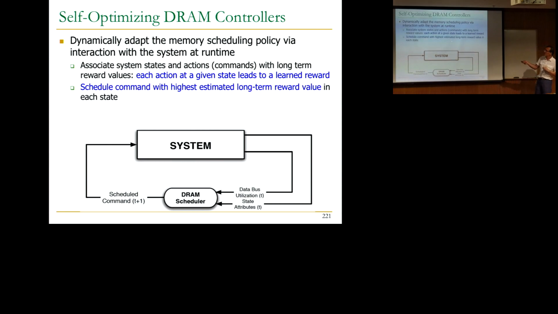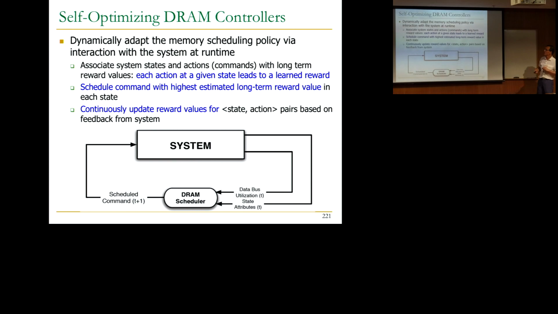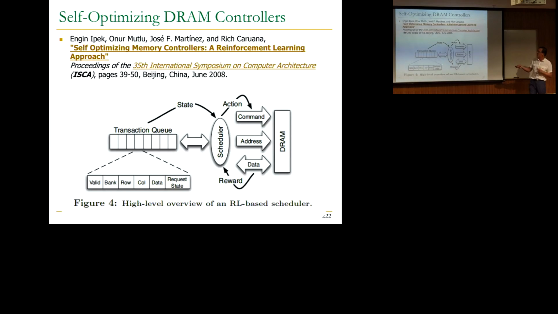Okay, so you schedule the command with the highest estimated long-term reward value in each state. And you continuously update the reward values for state action pairs based on feedback from the system. That's the idea. And the paper has more detail. So what is the state, action, and reward? This is more pictorially. You observe some state, but actually the state space is very large.